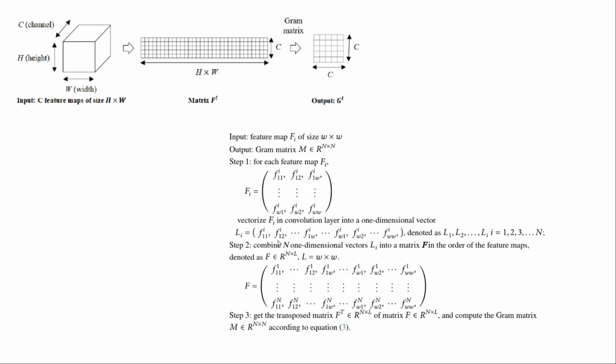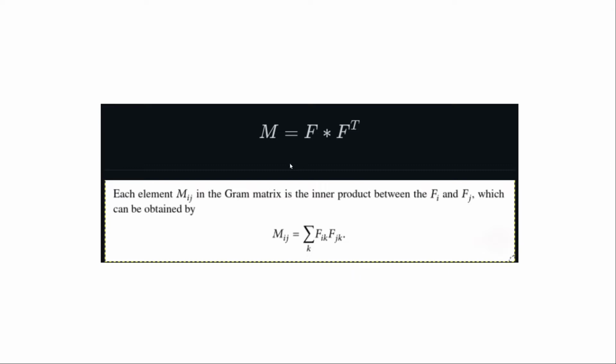After vectorizing, we get quite a few vectors Li, each of them flattened like this. Then step 2 is to combine the n one-dimensional vectors Li into a matrix F in the order of the feature maps. Step 3, get the transposed matrix F transpose of matrix F and compute the Gram matrix according to equation 3. Yes, this is the equation 3 that I'm talking about.